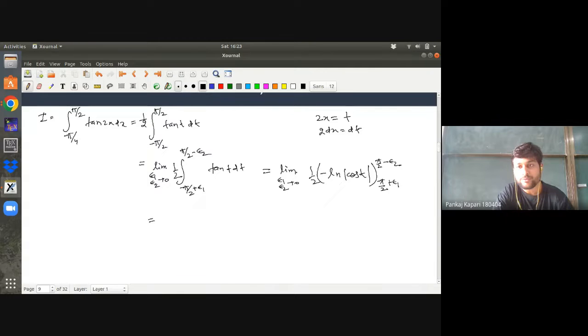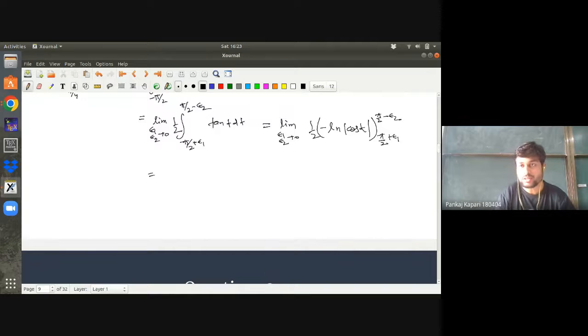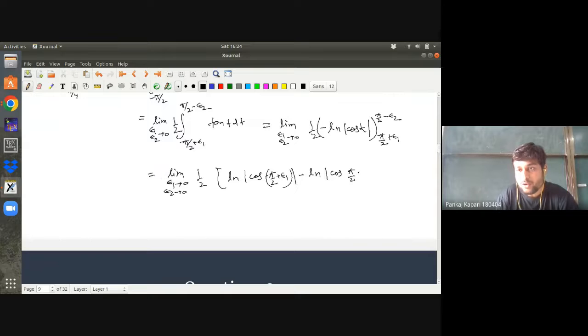When you calculate this integral at these points, what will we get? The limit as epsilon 1 goes to 0 and epsilon 2 goes to 0, half of log of cos of minus pi by 2 plus epsilon 1 minus log of cos of pi by 2 minus epsilon 2.